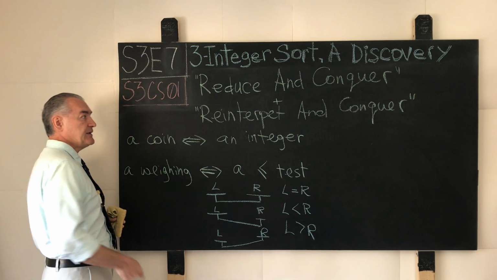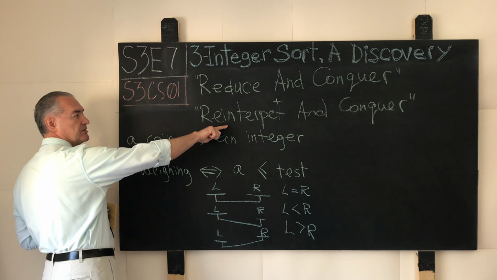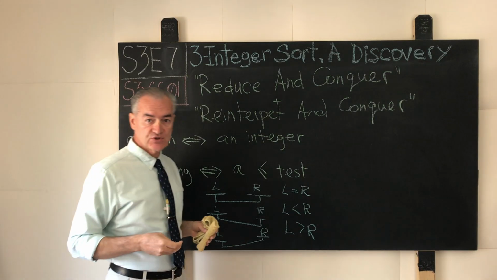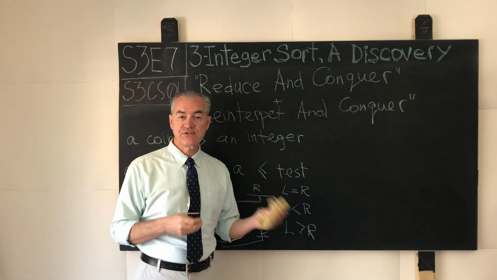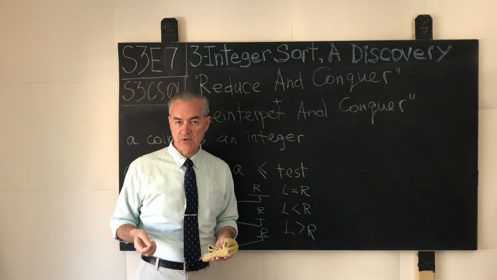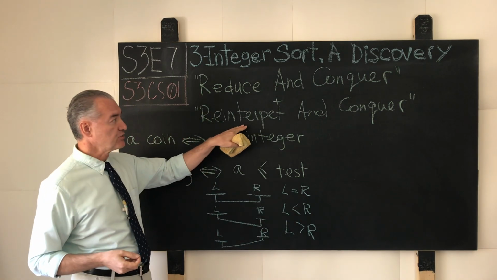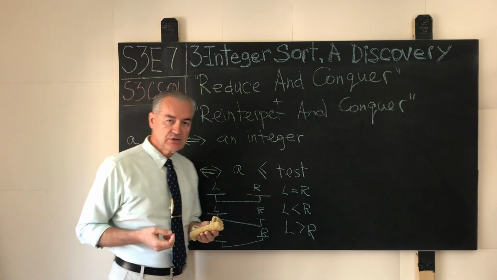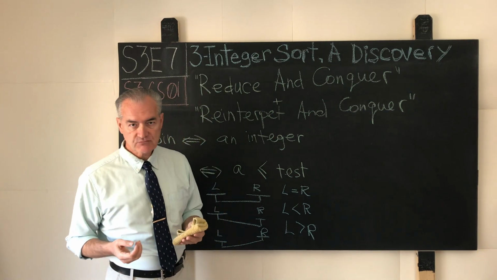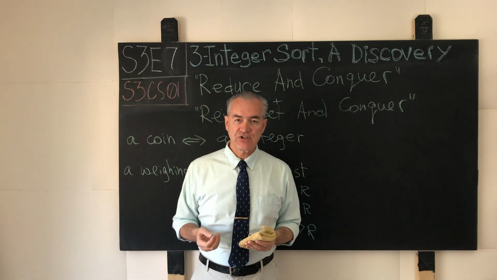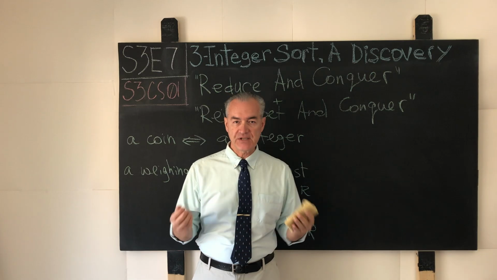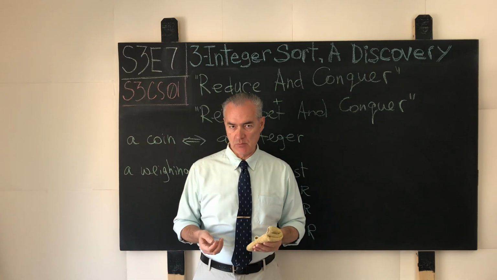Well, this is where the second problem-solving approach comes in, reinterpret and conquer. Those of our viewers who studied these approaches with us across seasons 1 and 2 remember that according to the reinterpret and conquer approach, we want to come up with a different interpretation or reinterpretation of the original material in the given problem.